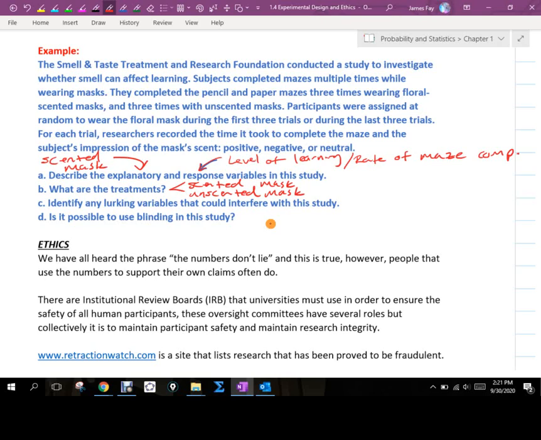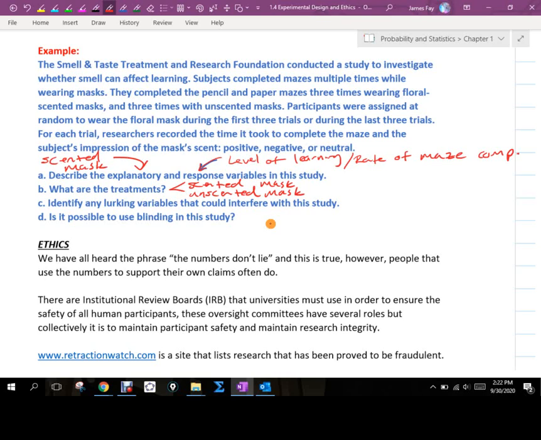Okay. What about maybe fatigue of the people that are taking these tests, be a lurking variable that we maybe don't know about? Okay. Maybe learning disabilities that may be underlying that we don't really know about. But it does say we try to randomize who my subjects are and when they wear the masks, right?